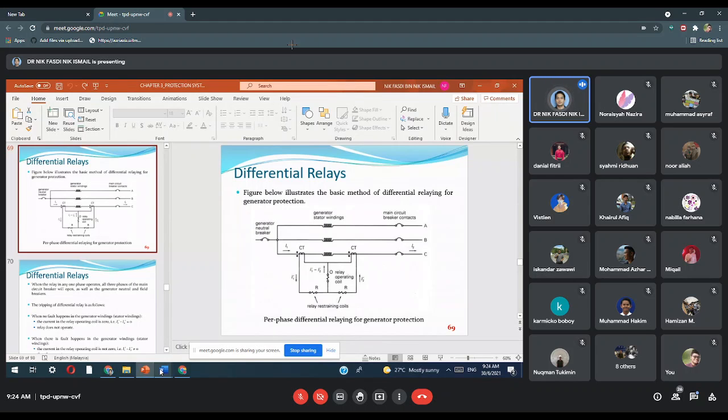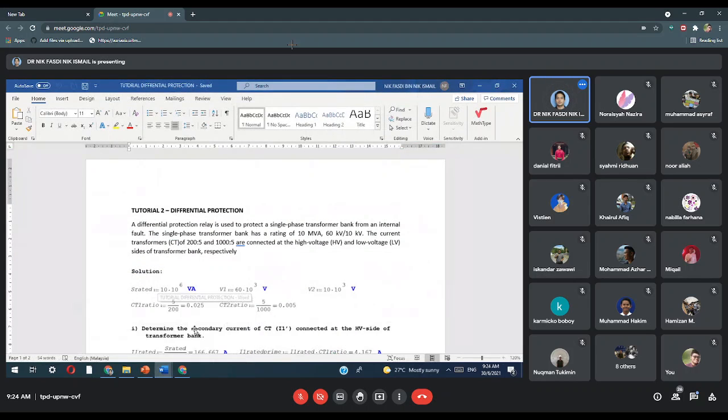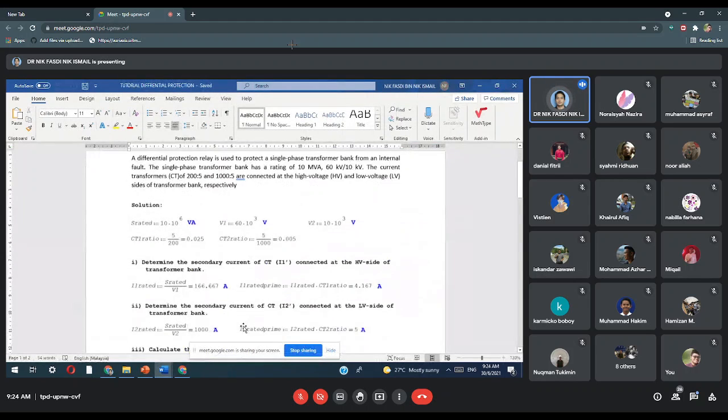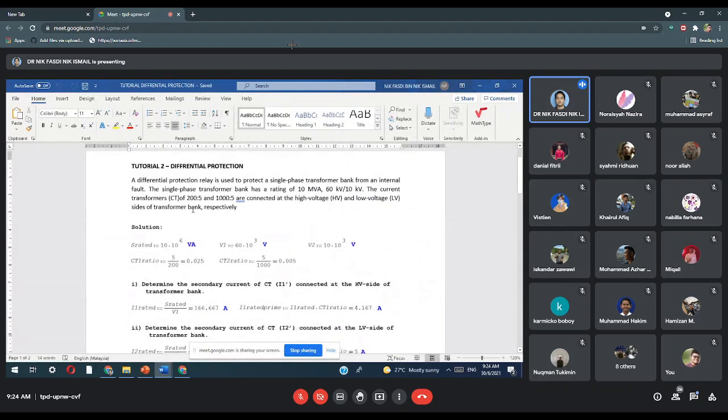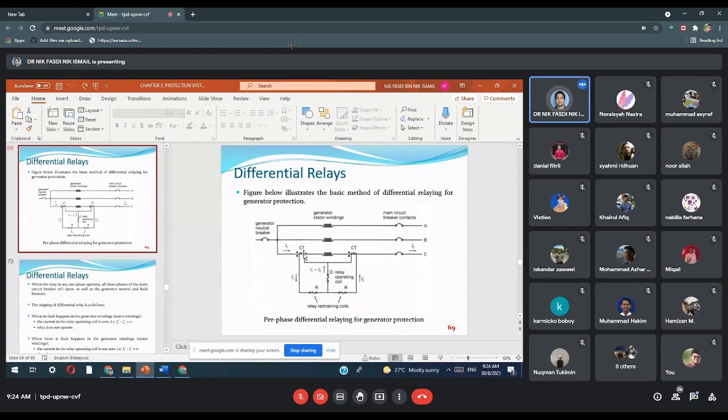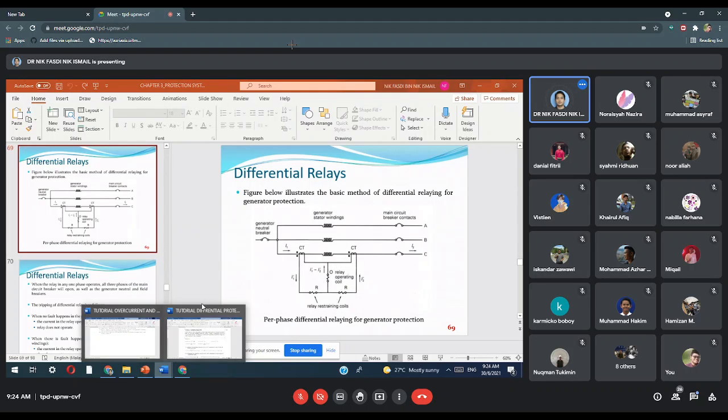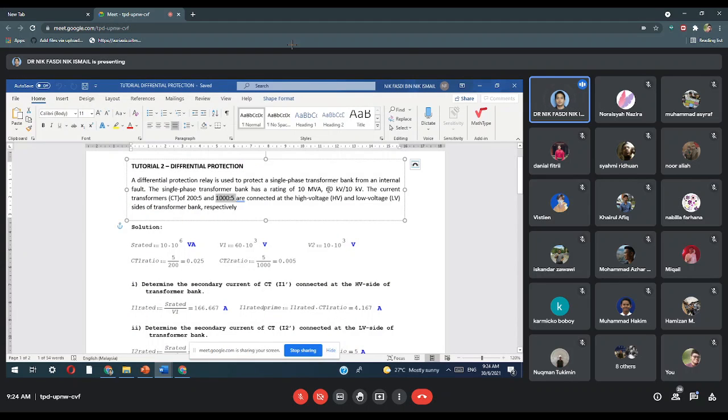Okay. Back to the question kat sini. So solutions. CT ratio dibagi yang ini, 200/5, 1000/5. So dekat mana? This is 200/5. This is 1000/5. Okay, lagi apa kita ada? 60, 10 kV.